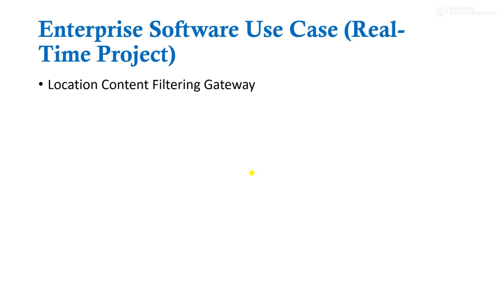We have a real-time project here which we developed at Code Films, and with that project we want to demonstrate, or even look at, the TCP/IP model as and when it's taking place.